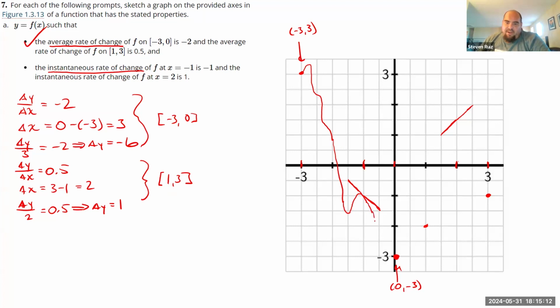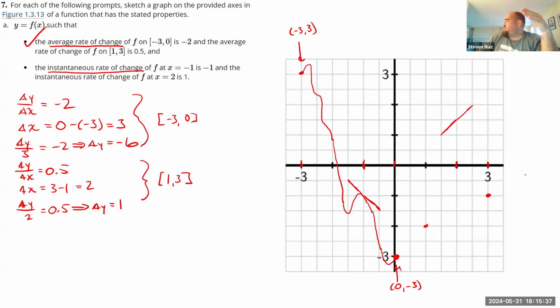As I move from left to right, I remember that I wanted my average rate of change from -3 to 0 to be -2. One thing I want to point out is that's part of the reason I'm drawing this curve so strangely: for average rate of change, I don't care what happens in between -3 and 0.